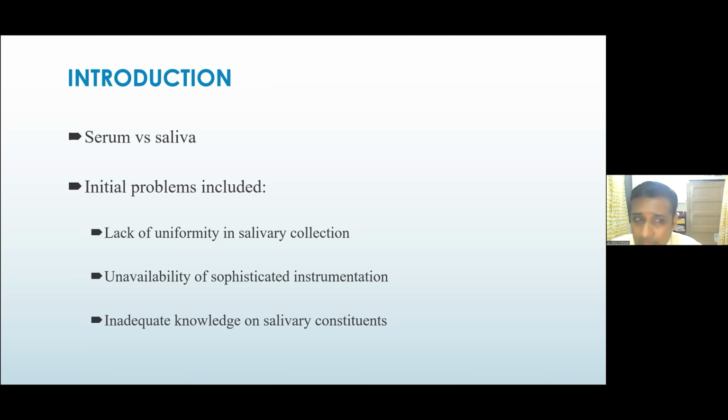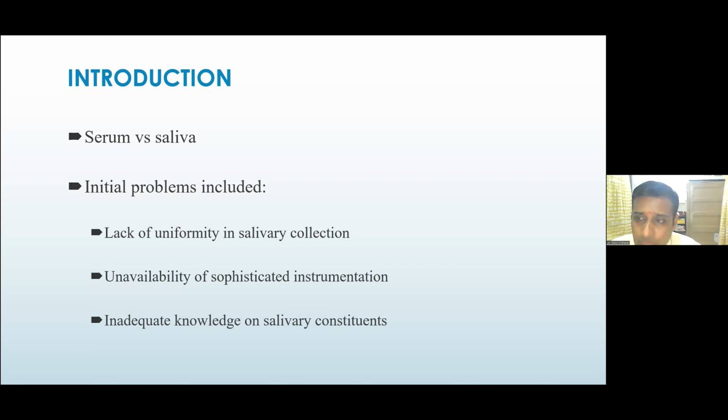Some of the difficulties faced when we use serum or plasma is that it is invasive, wherein you need to use a syringe to obtain the blood. There is a possibility of cross-infection, and it is difficult to repeat the test over a period of time, considering that most diagnostics now are involved in personalized medicine and continuous follow-up of patients.